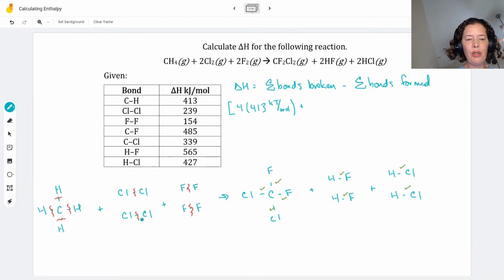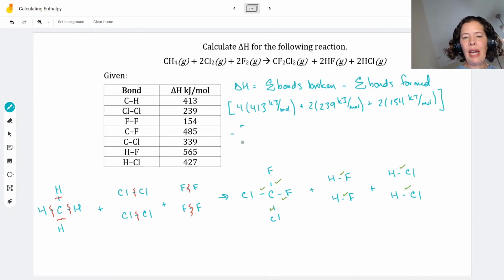I have 2 of my chlorine-chlorine single bonds, and those have an energy of 239. So 2 of these at 239 kilojoules per mole. And I also have 2 of my fluorine-fluorine single bonds, and those have an energy of 154, again kilojoules per mole. Okay, so that is all of my bonds broken.